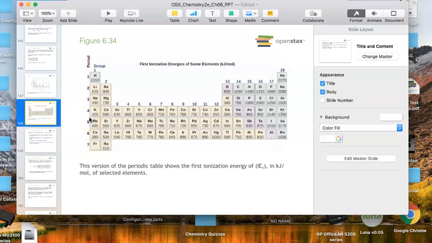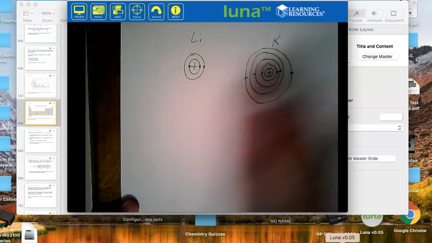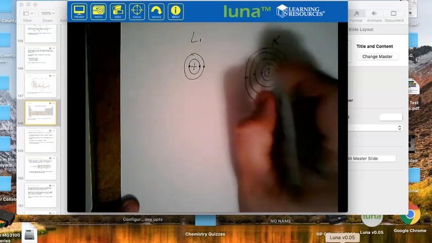It has how many shells? 1, 2, 3, 4. All right, so lithium versus potassium. Here you see the 4 different shells, and I'm just putting in electrons randomly. Actually, there should only be 1 on the outermost.